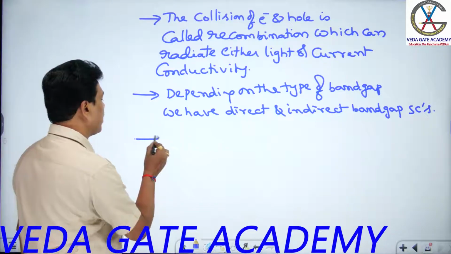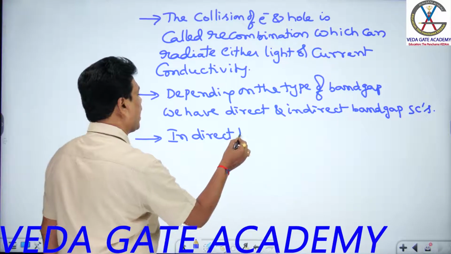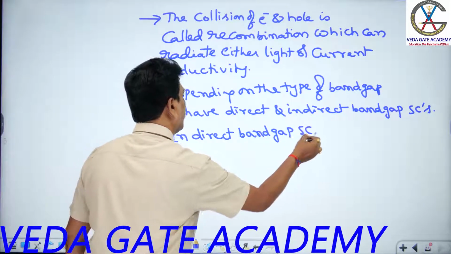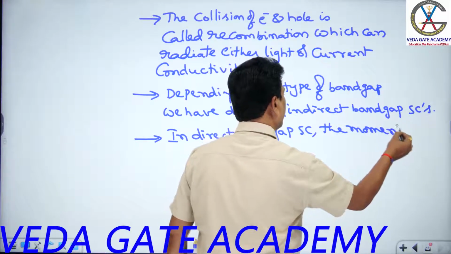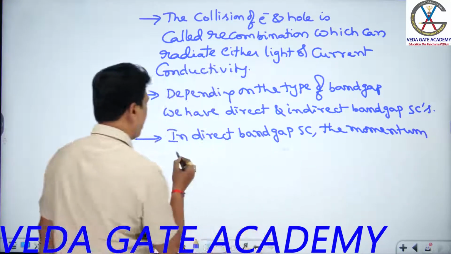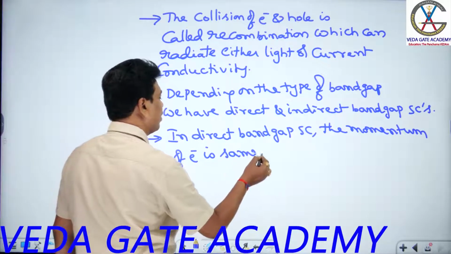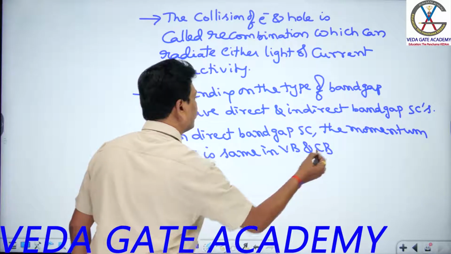In a direct band gap semiconductor, the momentum of the electron is the same in the valence band and conduction band.